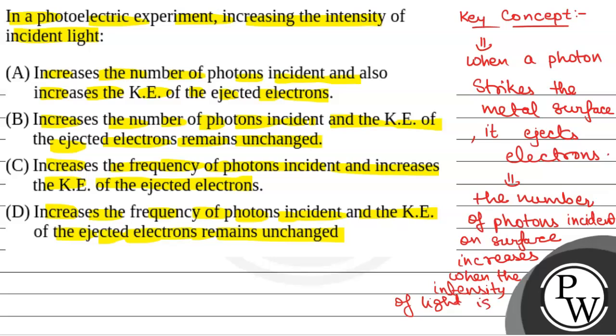When the intensity of light is increased, the number of photons incident on the metal surface increases.